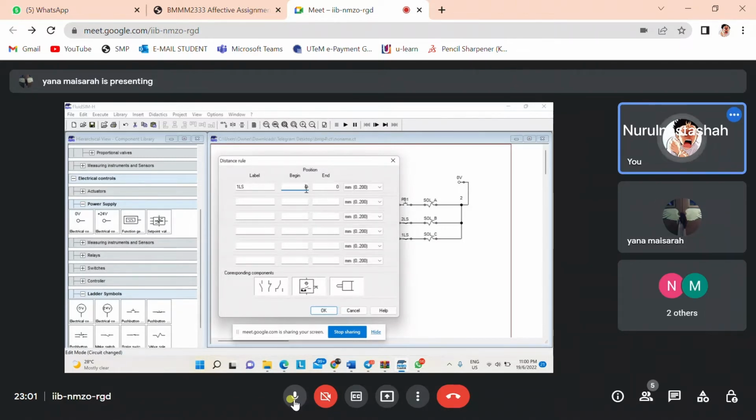If I'm not mistaken, the lab sheet says it has to be fully extended, so let's make it extend fully. Yes, we need to begin with 200 and end with 200 also, so it will detect once the cylinder is fully extended.